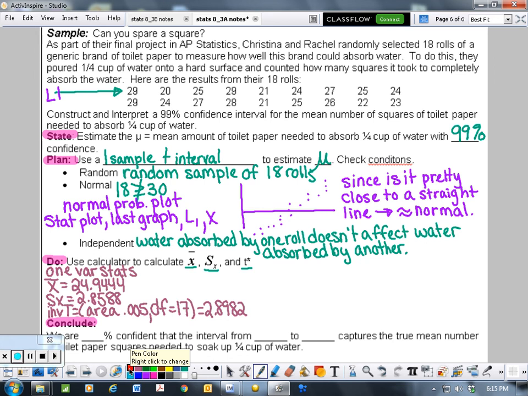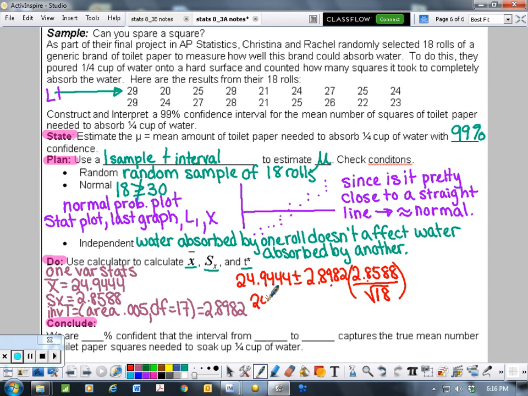So now we're ready to calculate our interval. We start with x bar, 24.9444, plus or minus our t star, 2.8982, times our standard deviation, 2.8588, divided by the square root of our sample size, 18. In our calculator, we multiply this and then divide by the square root of 18.